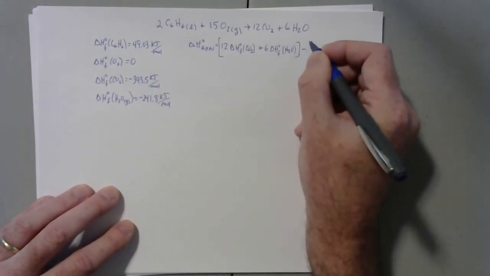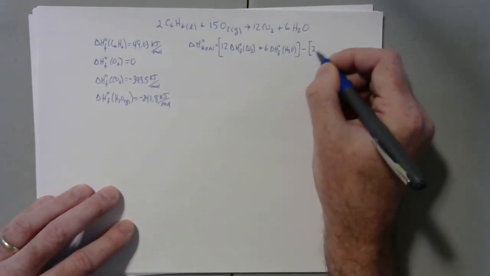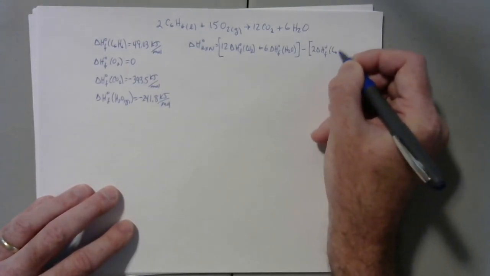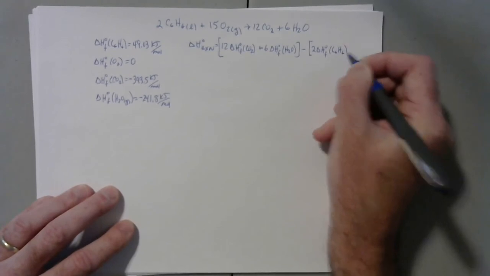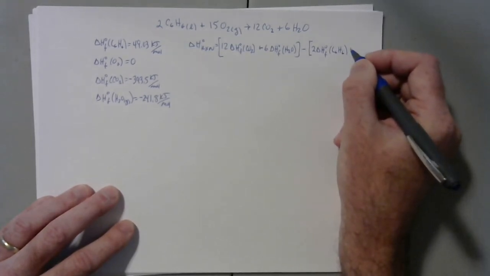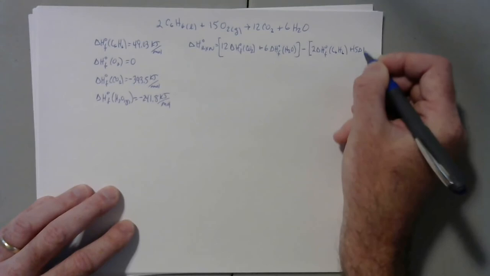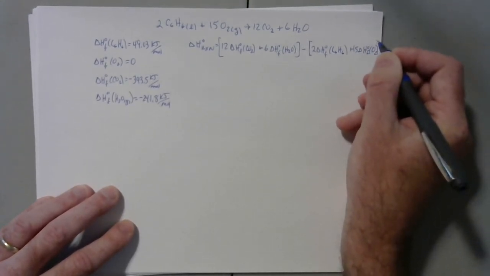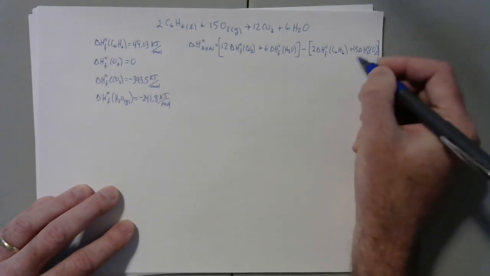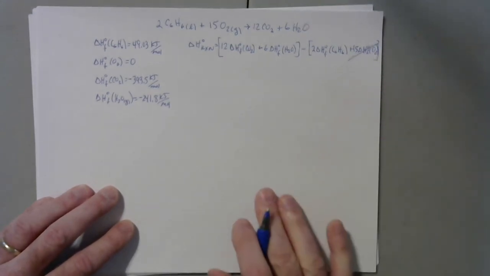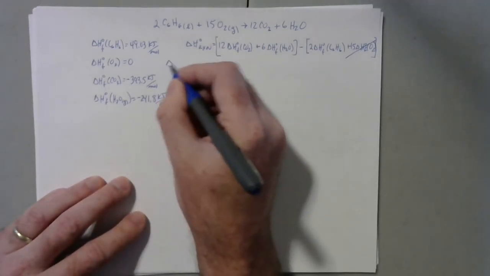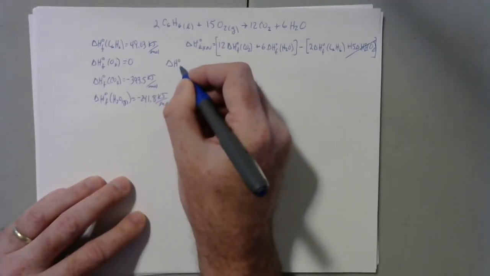Subtracting from that, it's going to be 2 times the standard heat of formation for the benzene, C6H6, plus 15 times the standard heat of formation for the O2. And that is my reactant side. And again, the O2 is going to go away because it's a free element. So let's work through all of that.